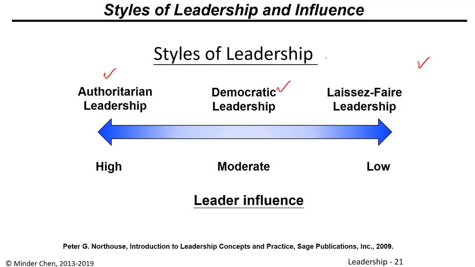And in the middle is the democratic leadership style, which emphasizes participation and involvement. The leader's influence is high on the left-hand side at the authoritarian leadership style, moderate at the democratic side, and on the right-hand side, the leader's influence or participation is considered the lowest.